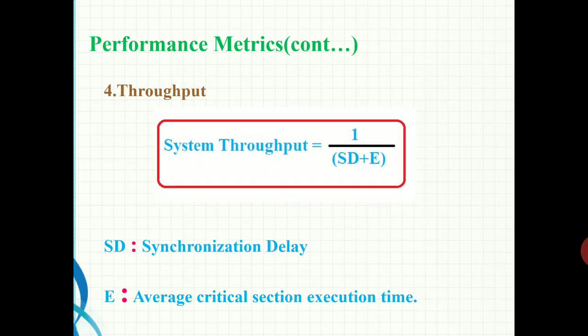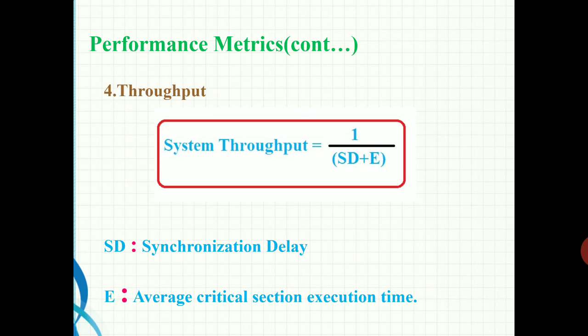The last performance metric is system throughput. That is the rate at which the system executes requests for the critical section. It can be calculated based on the equation 1 divided by (SD plus E).